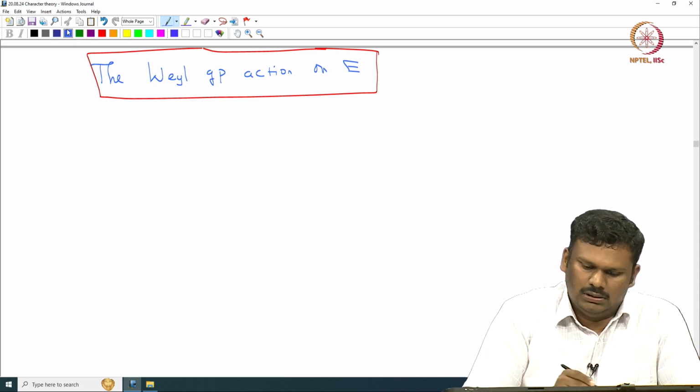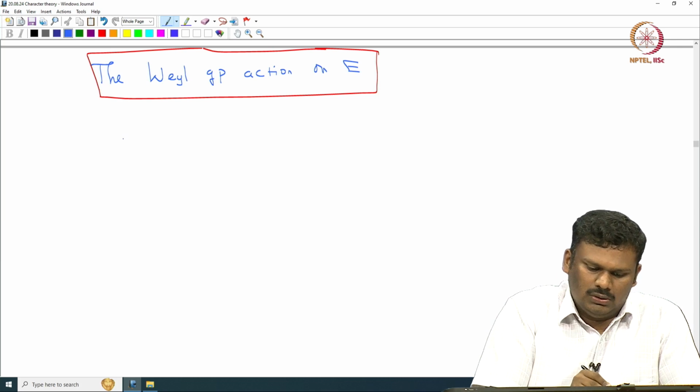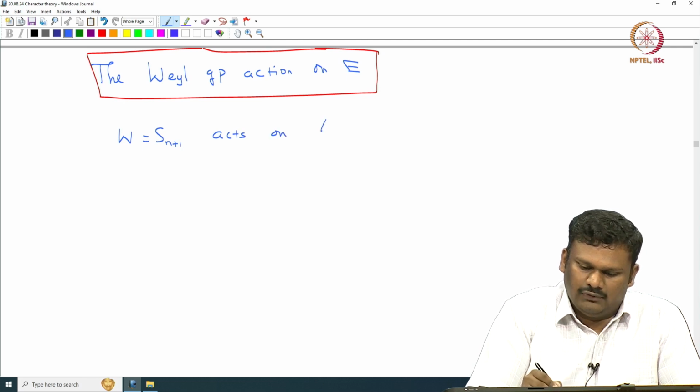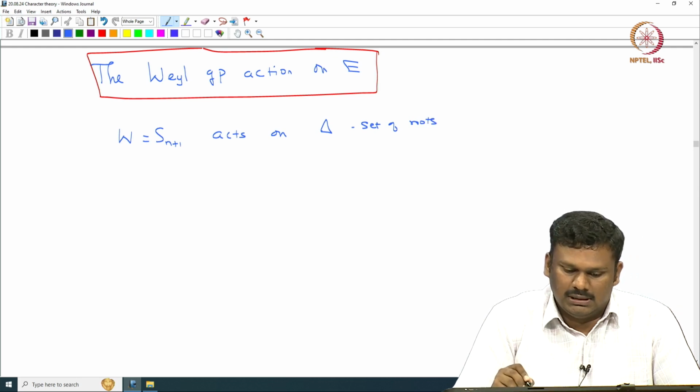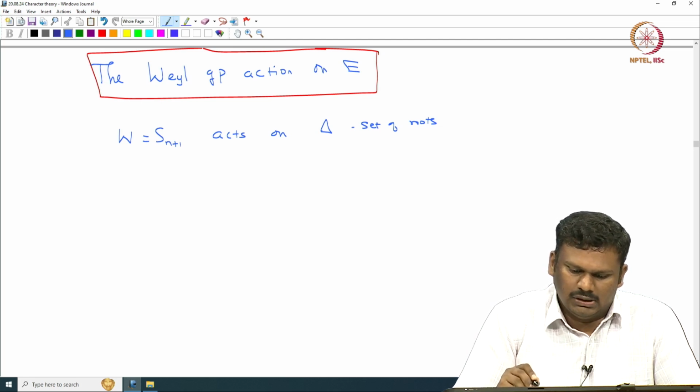So, now note that this W which is S n plus 1 acts on the set of roots. That is clear, because this is something we proved using SL2 theory.